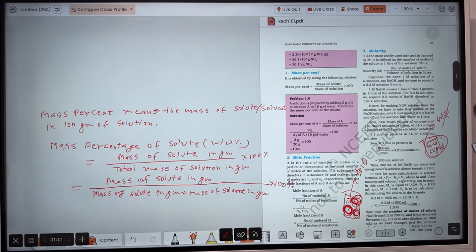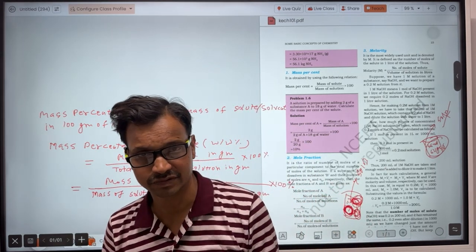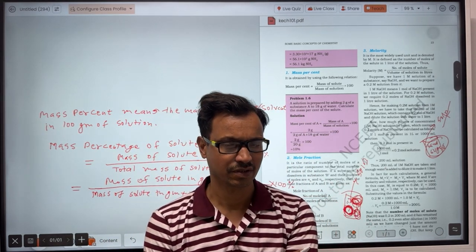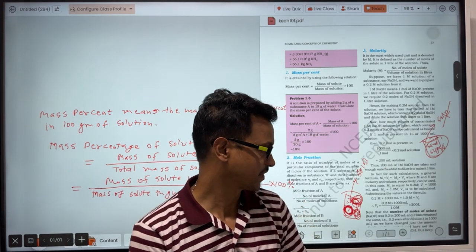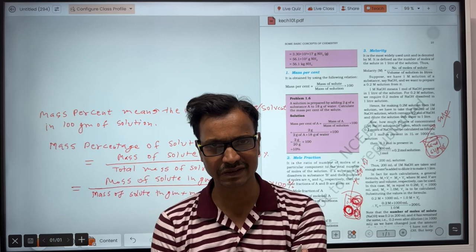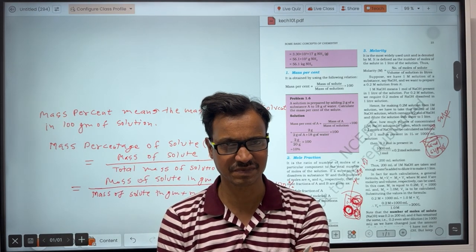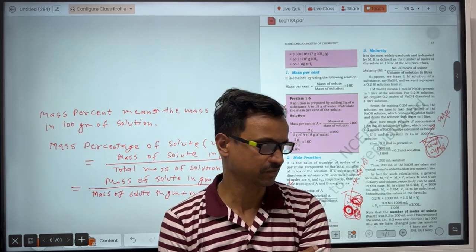So a solution is a mixture whose composition remains the same throughout. You may write that. A solution is also called a homogeneous mixture. Homogeneous mixture means its composition is the same throughout.